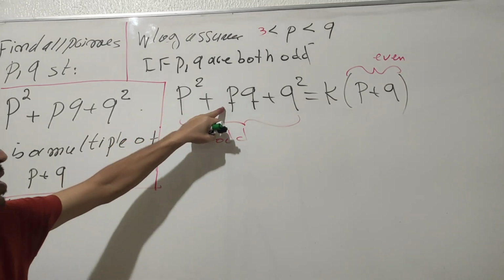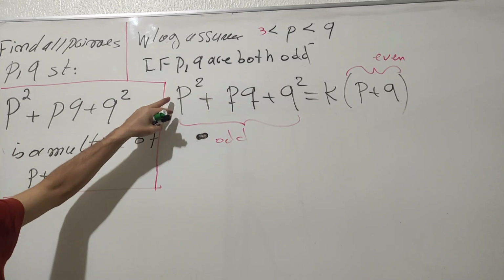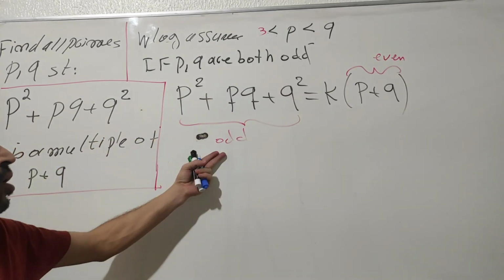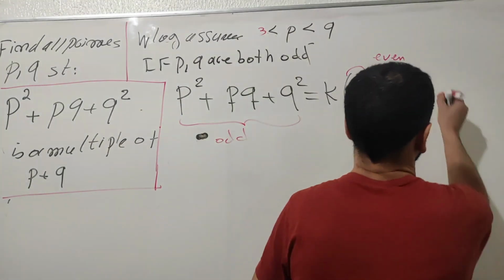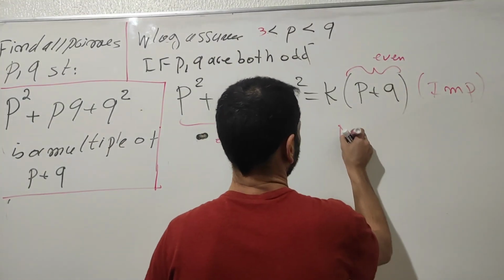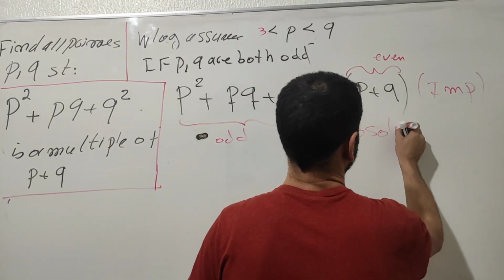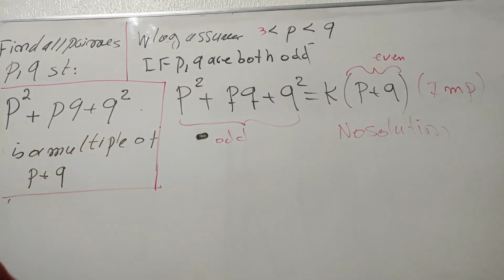But here we have a product, odd multiplied by odd, which is odd, so even plus odd is going to give us odd, but we have odd equals even, which is impossible. Which means no solution on this assumption when p and q are odd.